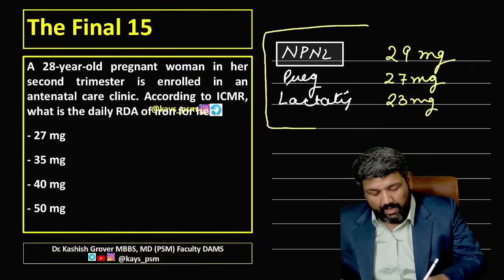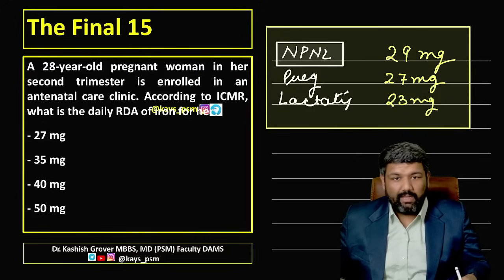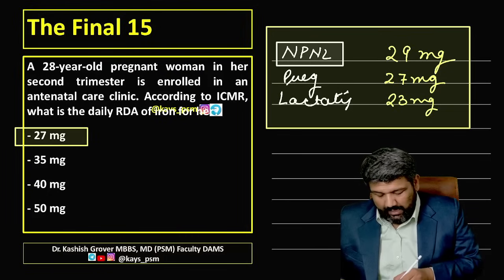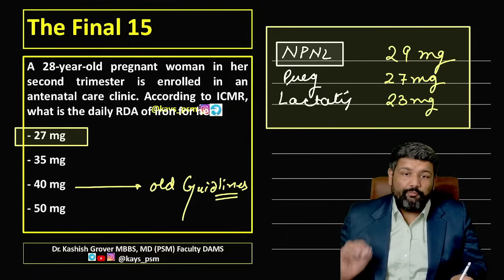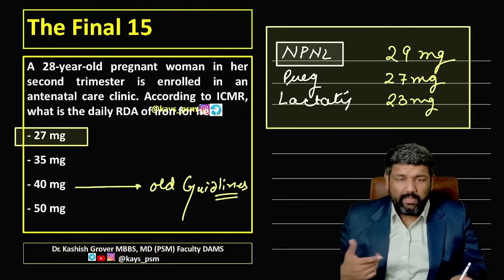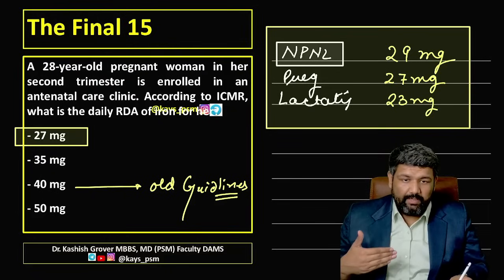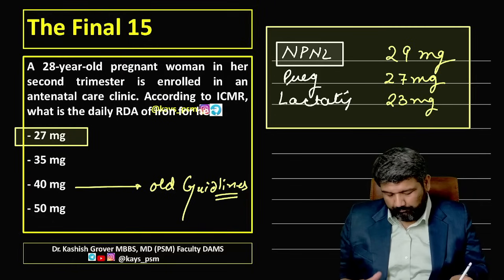This is the update according to the ICMR guidelines. So here the best answer is 27 mg, and 40 mg was mentioned by the old guidelines. Why? The guideline mentions that in pregnancy there is no menstruation, so there is less blood loss. That is why the RDA is less than for a woman who is non-pregnant, non-lactating in the reproductive age group.